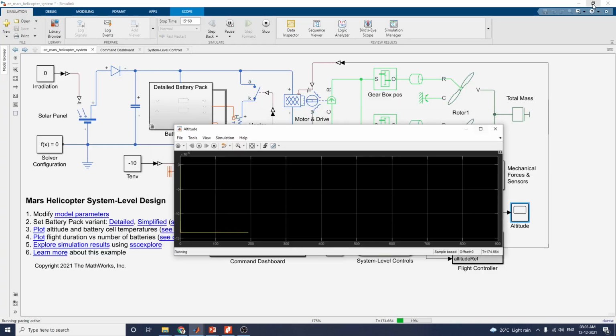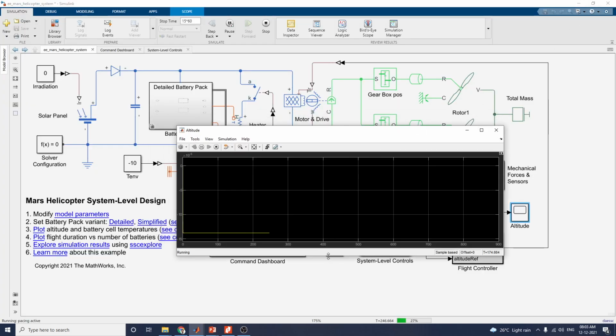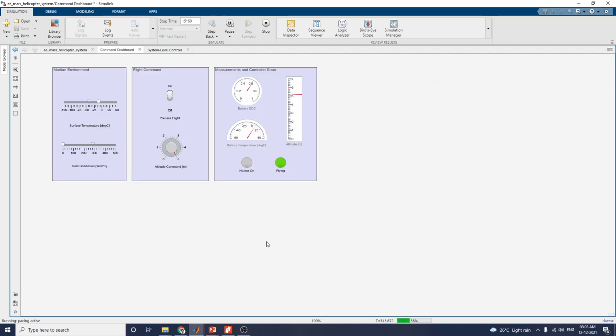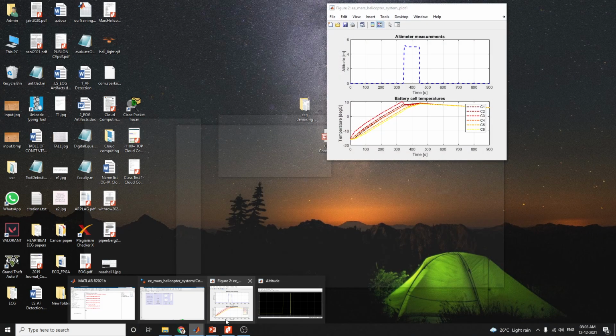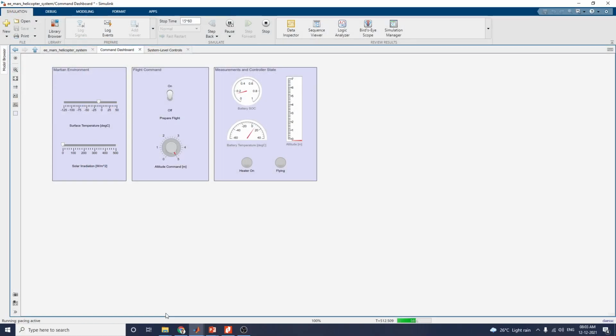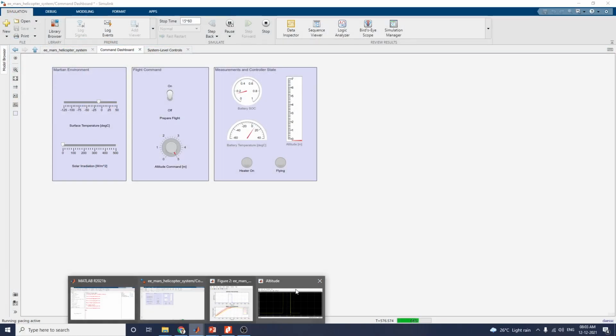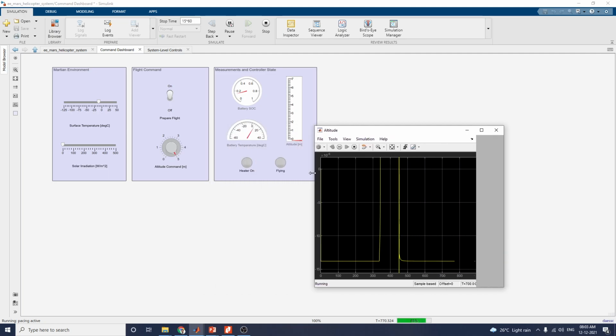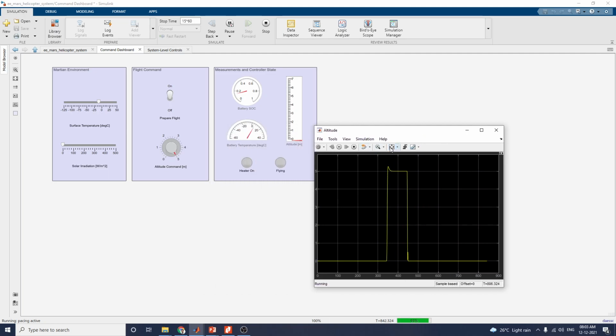Now what is the time with this dashboard to see? You can see now in parallel. At the time of landing the heater is on.